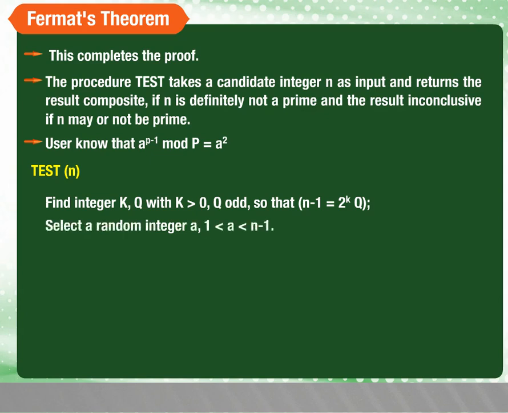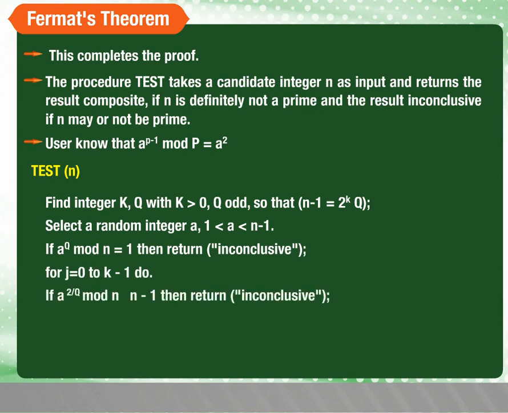Select a random integer a, 1 less than a less than n minus 1. If a power q mod n equals 1, then return inconclusive. For j equals 0 to k minus 1, do: if a power 2 power j into q mod n is congruent to n minus 1, then return inconclusive. Return composite.